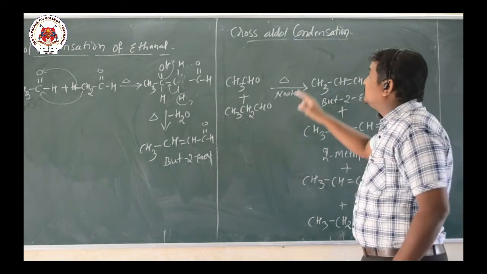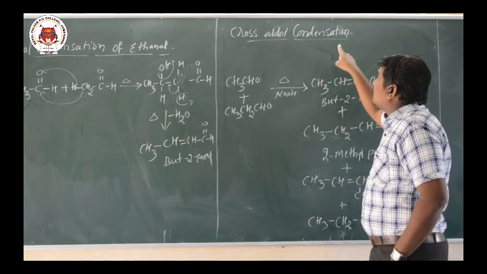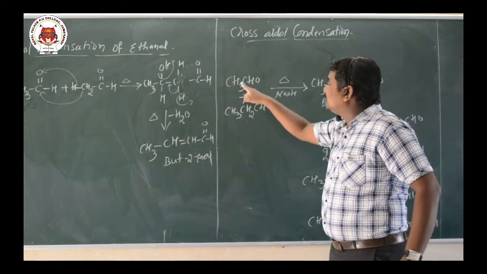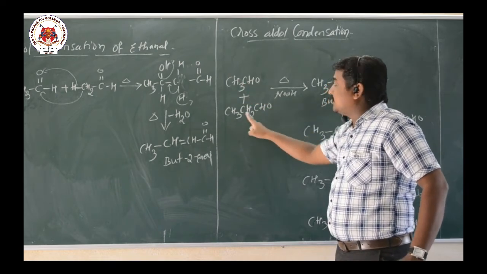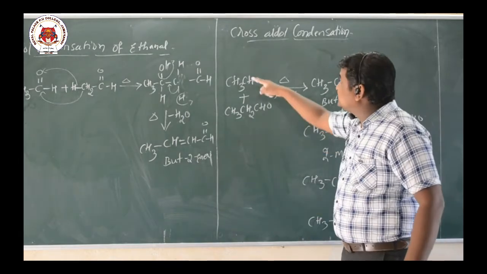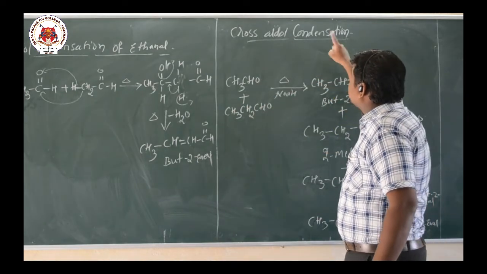So that reaction is called cross aldol condensation reaction. Here I have taken one example. So this is ethanal reacting with propanal. These two are two different aldehydes. So hence this is an example of the cross aldol condensation reaction.